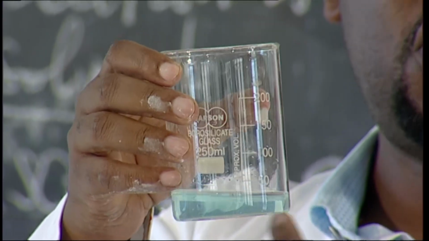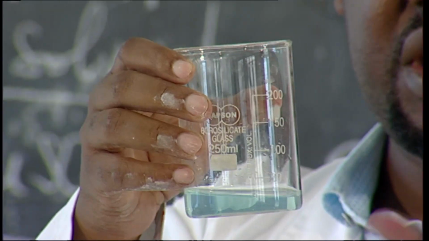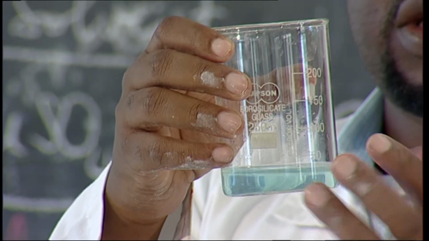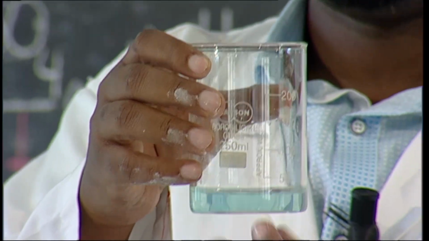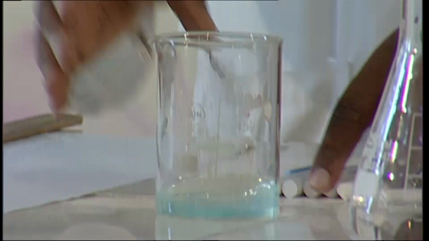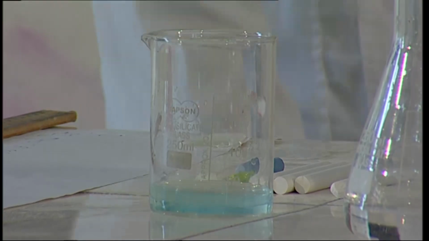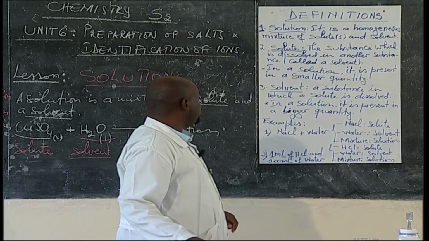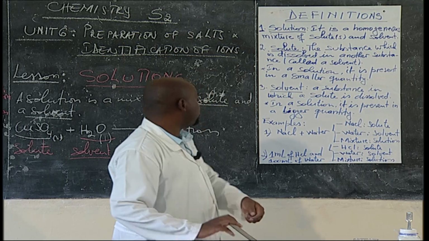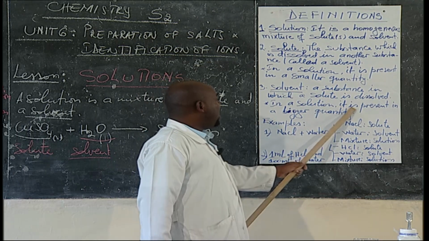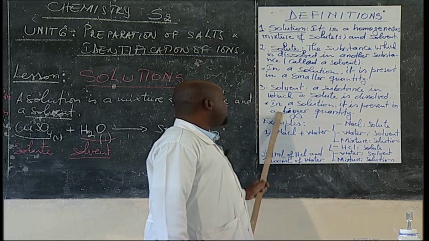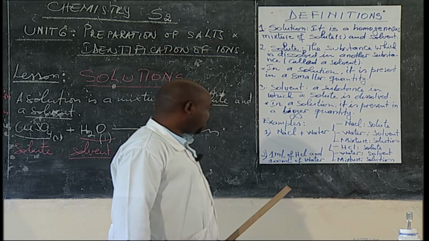Water is the solvent, the one which is present in a bigger amount, bigger quantity. And the other one which has been dissolved in that water is the solute. So the solvent here is a substance in which a solute will be dissolved. And in any solution, a solvent is always present in bigger quantity.